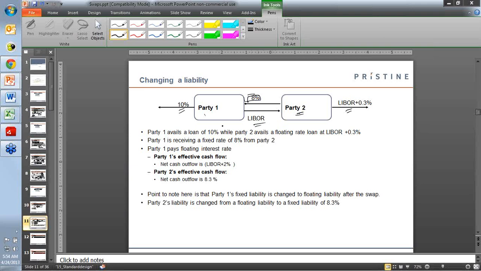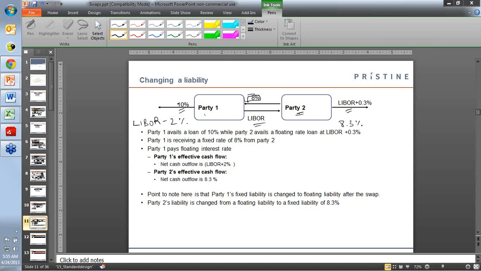So in this way, party 1 will now have a liability to pay out the money at LIBOR minus 2%, and party 2 will have the liability to pay out the money at 8.3%. As you can see, the nature of the liabilities for both the companies has been switched.